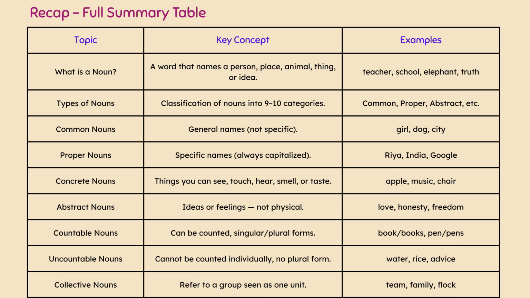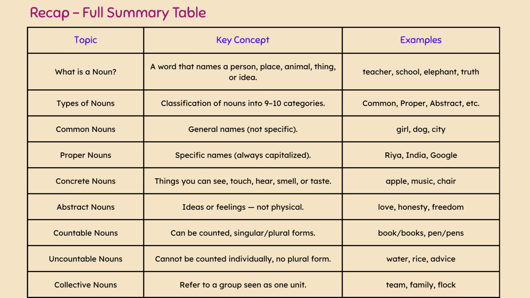Countable nouns. These nouns can be counted, and may have singular and plural forms. Examples: book, books, pen, pens. Uncountable nouns. These cannot be counted individually. They usually don't have a plural form. Examples: water, rice, advice. Collective nouns.